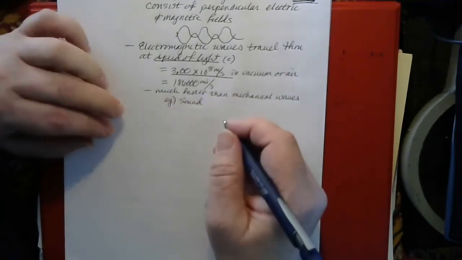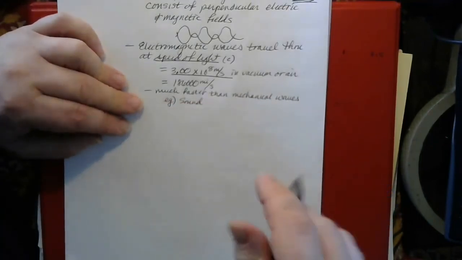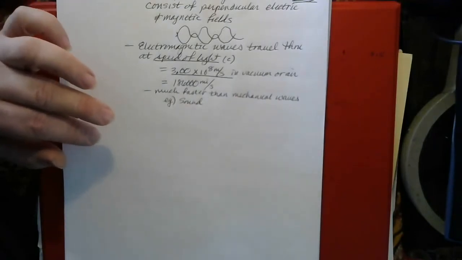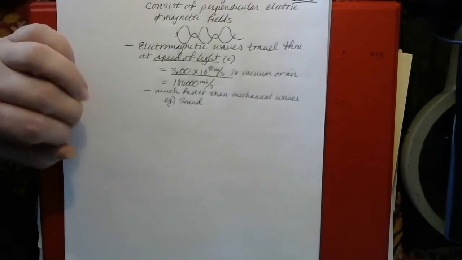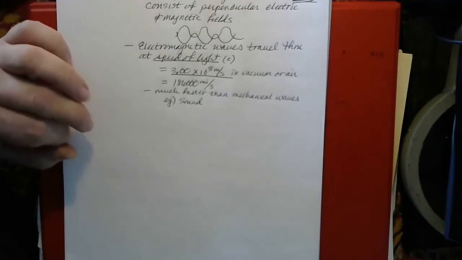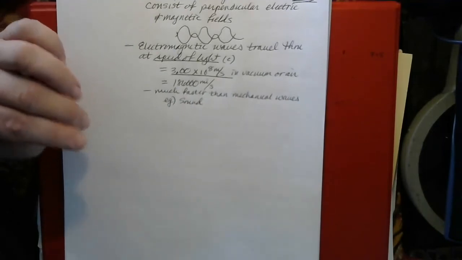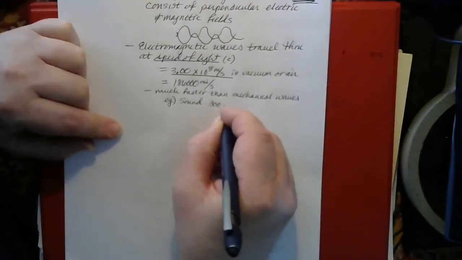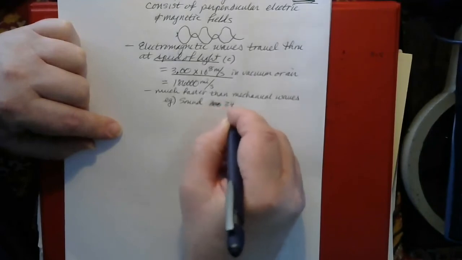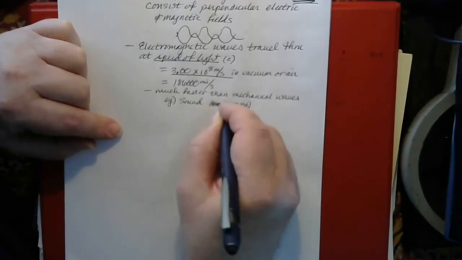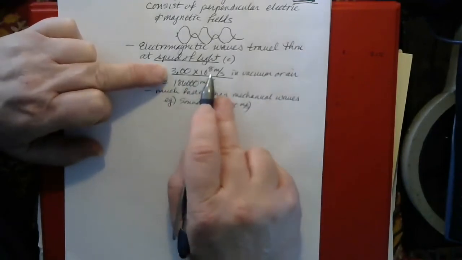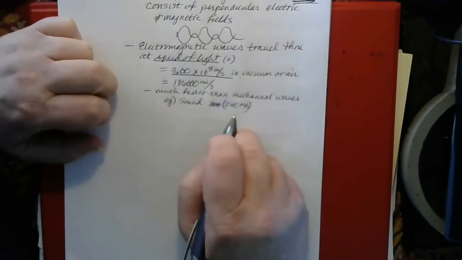So for instance, sound waves travel through air, so they depend on the oscillation of particles in the air, like oxygen and nitrogen and carbon dioxide and things like that. And sound travels at 340 meters per second, which, as you notice, is quite a bit less than 3 times 10 to the 8th meters per second.